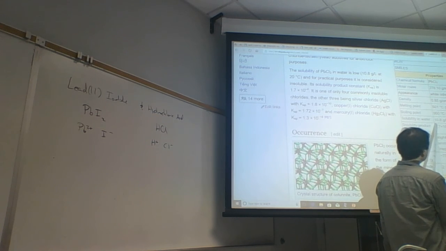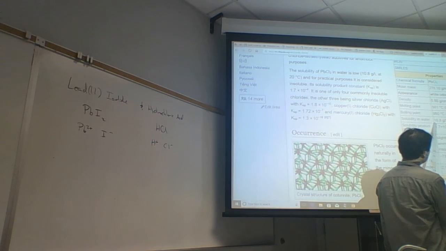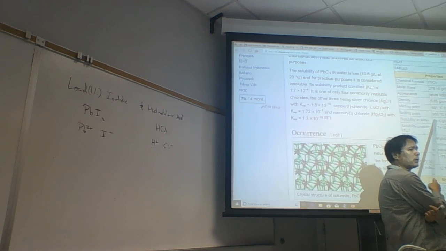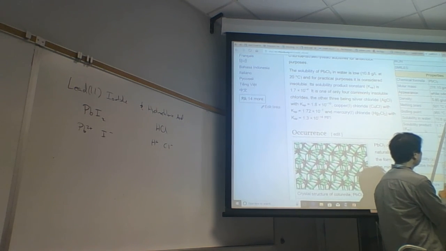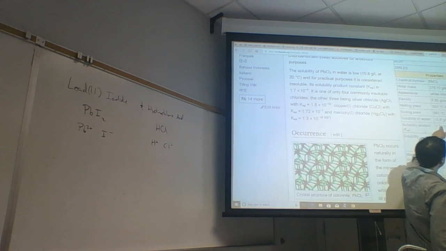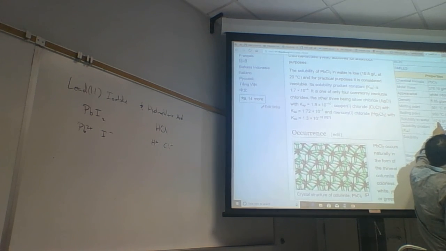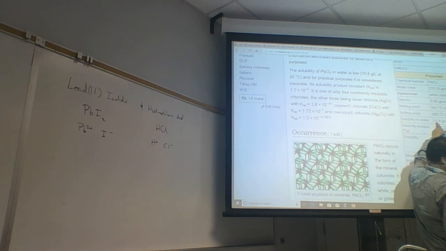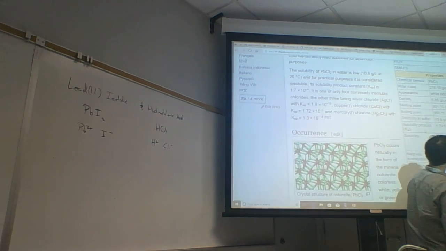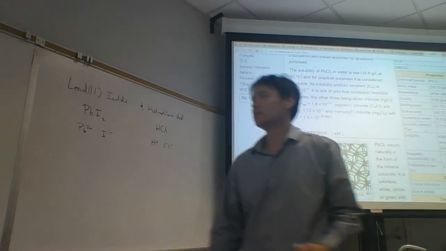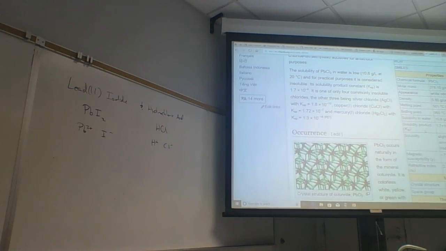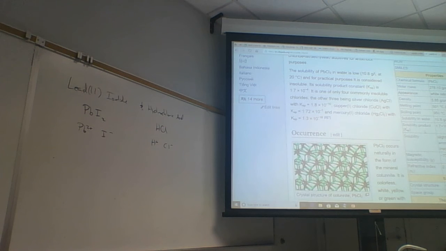But when you look at the solubility, it's telling us this is 10.8 grams per liter. The other one was 44 milligrams per 100 milliliters. And so if that's 10.8 grams per liter, then per 100 milliliters, it'd be 1.08 grams. And so this one's more soluble. We need more data. So this is inconclusive here. So we don't know this one. So we aren't going to worry about that one.